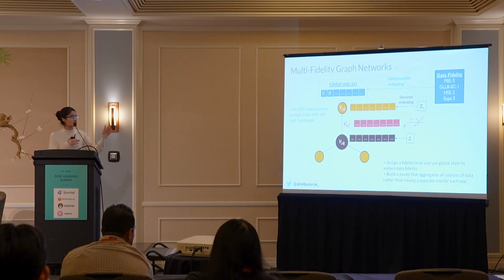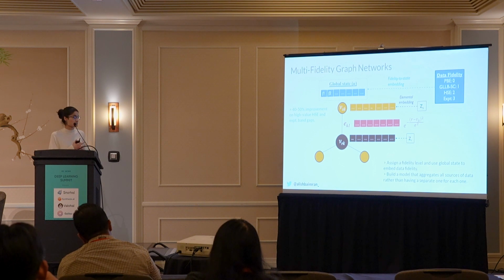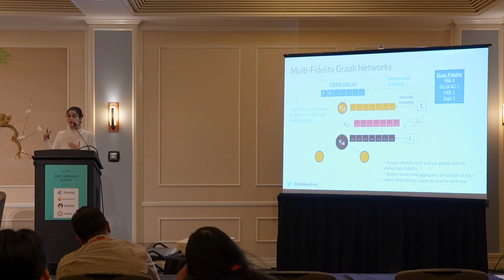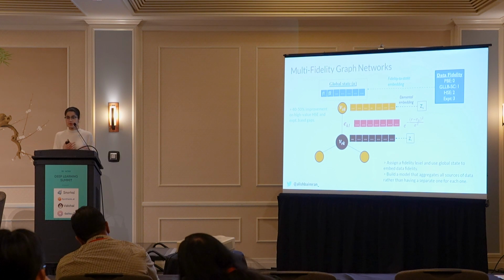So PBE being 0 here, we have HSE as 2, and experimental data as 3. Then you can use the global state to embed this data fidelity. So you can build a model that aggregates all of the sources of data rather than having to build a separate model for each of these. And there was a paper that did this, and they were able to see some really great results.